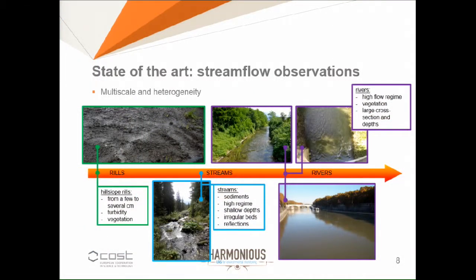So when we want to come up with stream flow observations, we are facing several challenges, and I will be listing some of them. The first one is that we may get information on flowing rills, streams, or large-scale rivers. So we're looking at something that may occur at very diverse spatial scales.